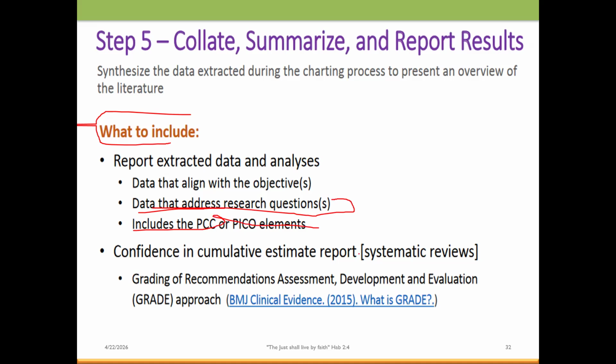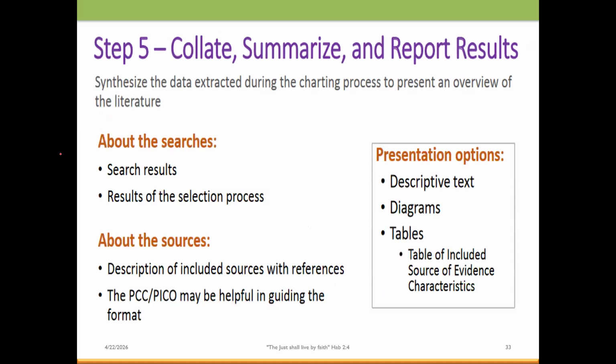For those of us that will do systematic reviews, there are several other approaches like the GRADE, which is Grading of Recommendations, Assessment, Development and Evaluation, that has been published in BMJ, also to guide the reporting of results.